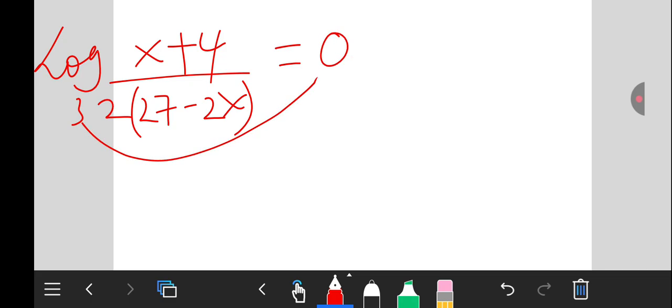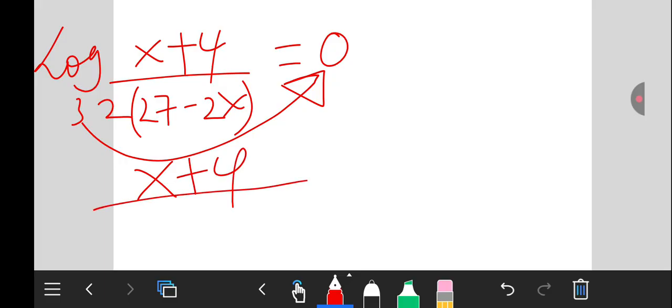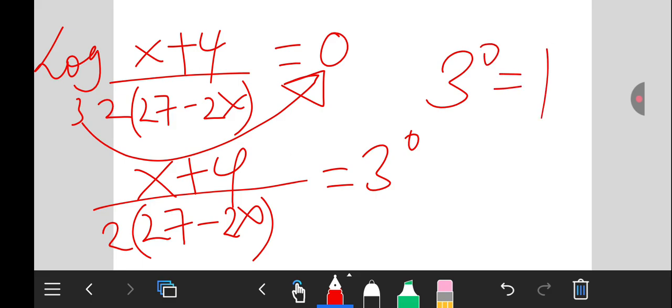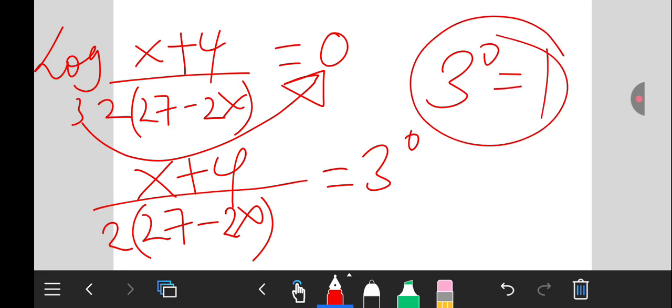So you can take this to this side. You are simply converting the logarithm into an exponential form. So it will be x plus 4 over 2 open brackets 27 minus 2x is equal to 3 raised to the power 0. Any value raised to the power 0 is just 1. Okay, so that's what we have. So you're safe to say over 1.